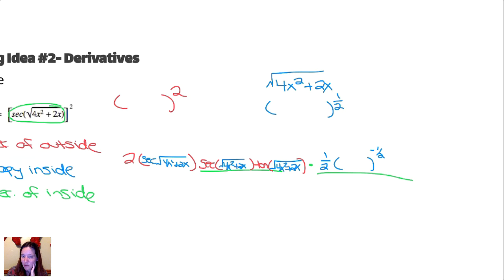Oops, I should have done that in red. Sorry. Copy the inside. And now derivative of the inside. And thankfully, we can now just do the 8x plus 2, right? We got a derivative of the inside. That's not a chain rule anymore.